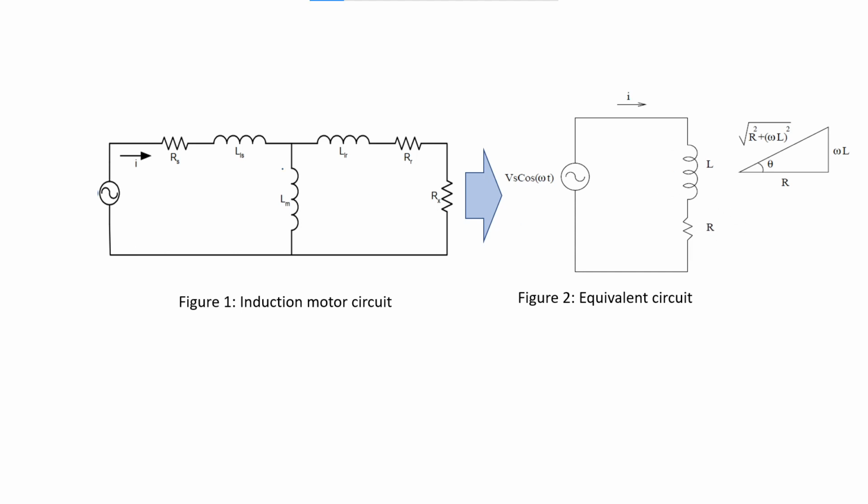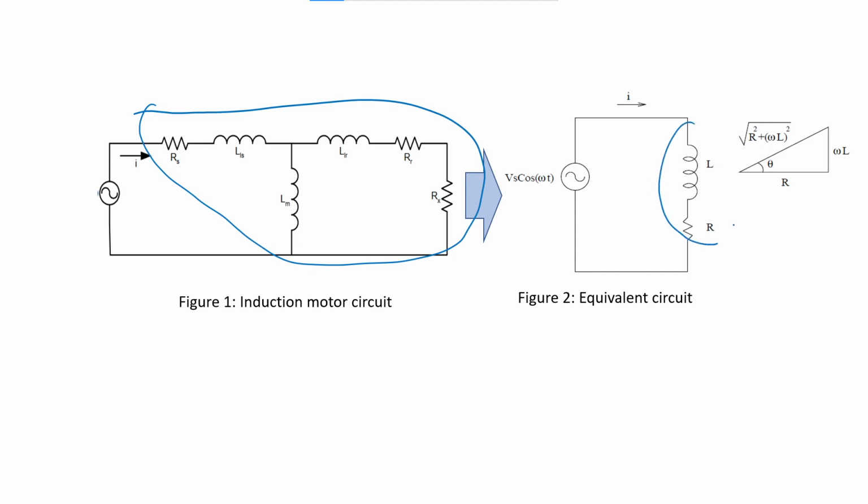All of this can be simplified to an equivalent circuit like this, because any complex number finally takes this form: real part plus j times imaginary part.